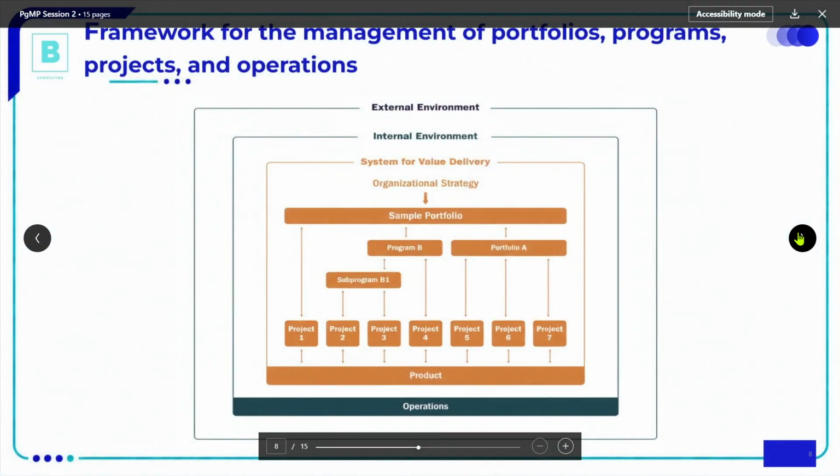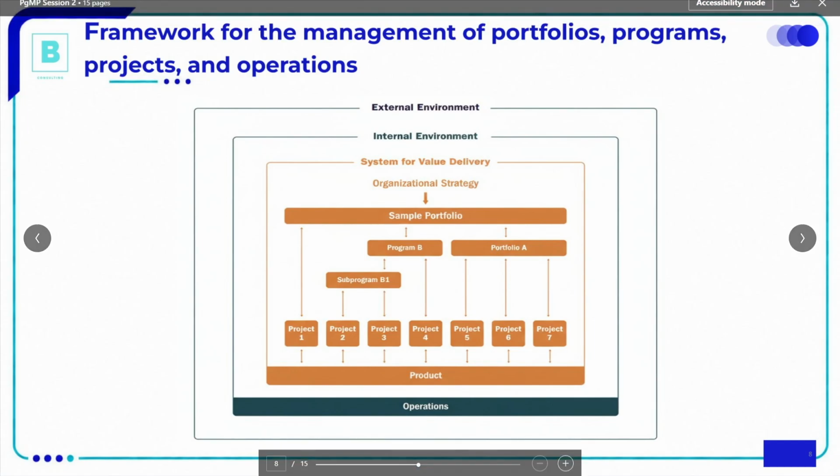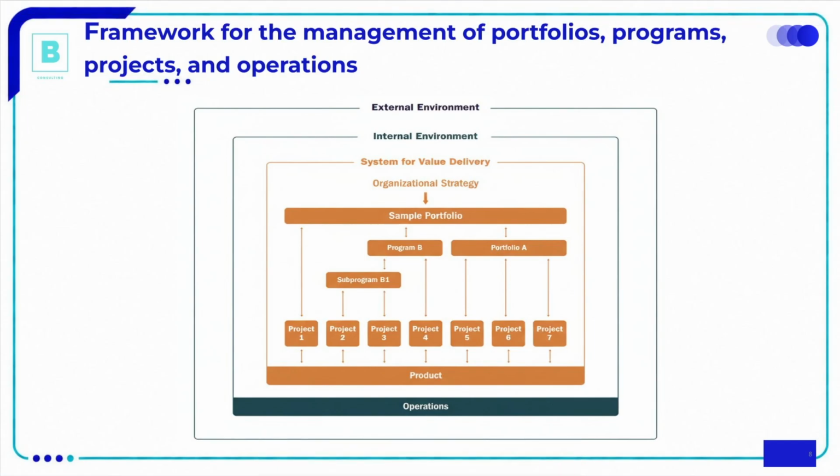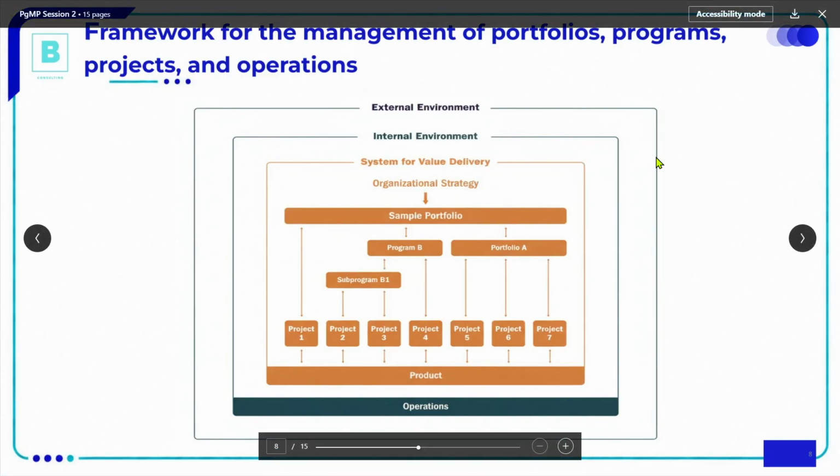All right. Another slide we covered is the framework for managing portfolios, programs, projects, and operations. We can see the organization's external and internal environment, where in the internal environment there is a whole system for value delivery, which is composed of portfolios, and in each portfolio there can be programs, sub-programs, and projects.